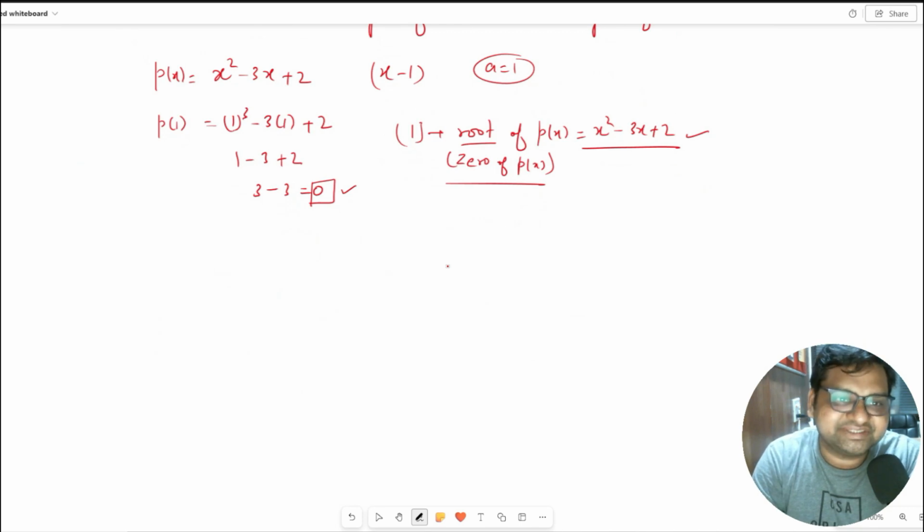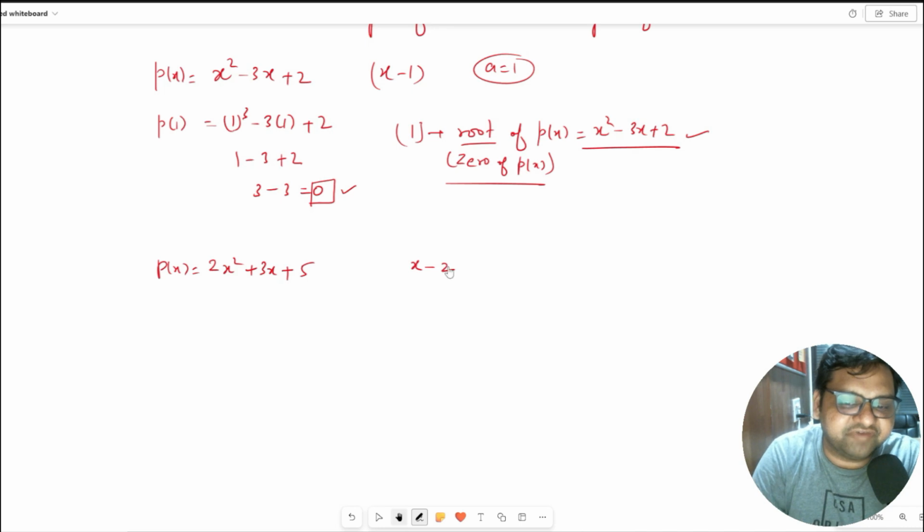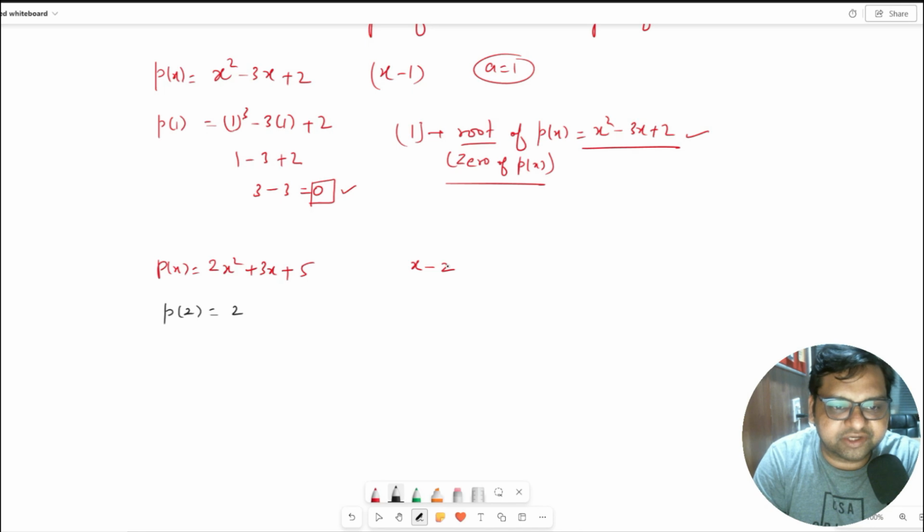We can take the previous example itself, like 2x square plus 3x plus 5. So we divide this polynomial, let's say, by x minus 2. Okay, so what we will do, we will just replace the value of x here. Okay, so a is 2, so you will get 2 square, then 3 times 2, then plus 5.